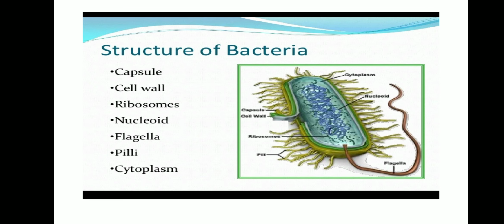Then, if the flagella are present all around the bacteria, it is called Peritrichous. If there is no flagella, it is called Atrichous. So, based on the presence of flagella, bacteria are classified into types.